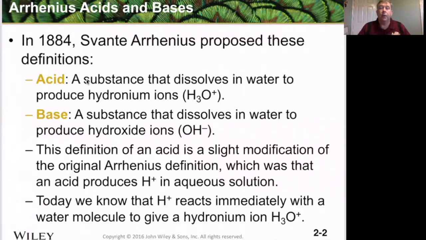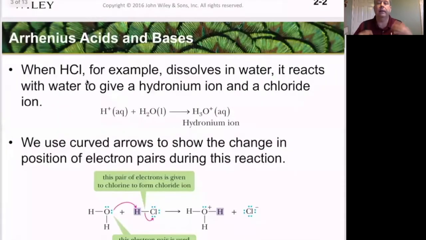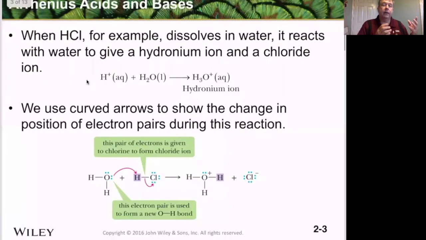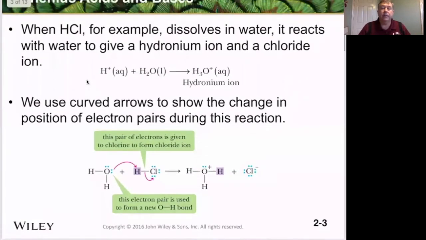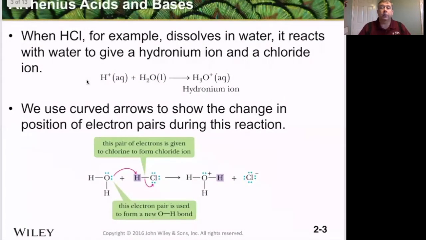Arrhenius acids require it to be reacting with water. An example of that in organic chemistry would be where we took HCl, or hydrochloric acid, and dissolved that in water to create the hydronium ion and chloride ion.